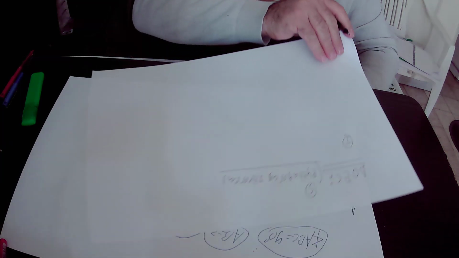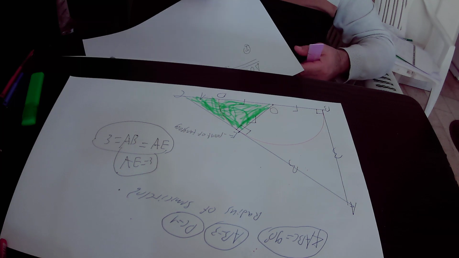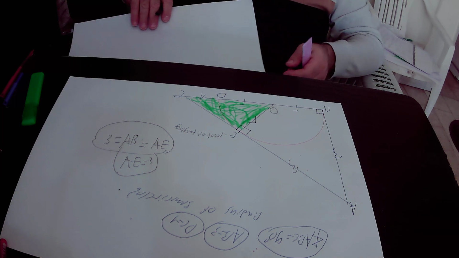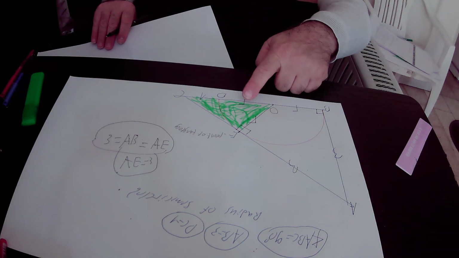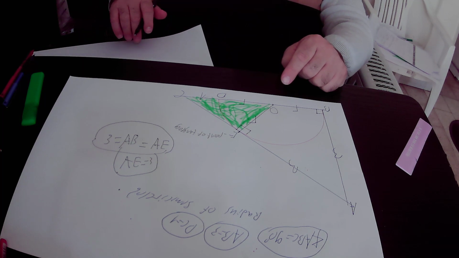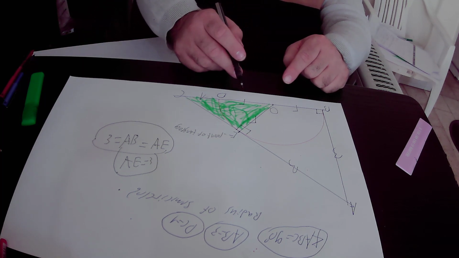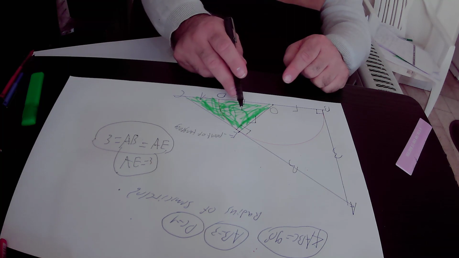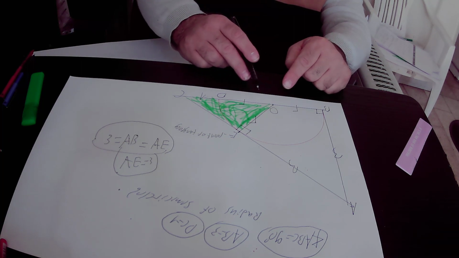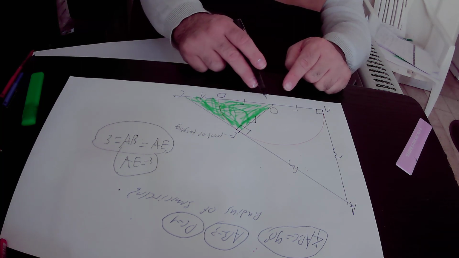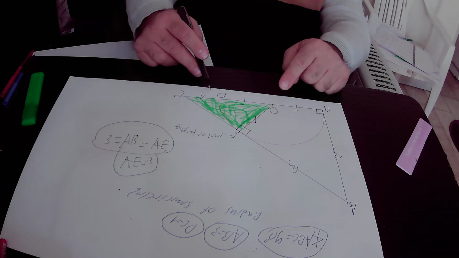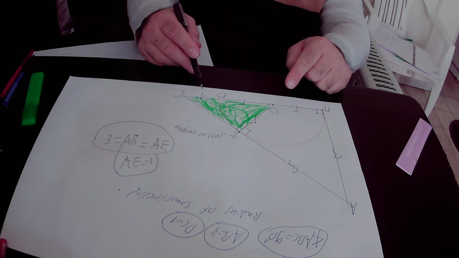Okay? And the hypotenuse in the green triangle is the side that is in front of the right angle, and the side in front of this right angle is side OC.